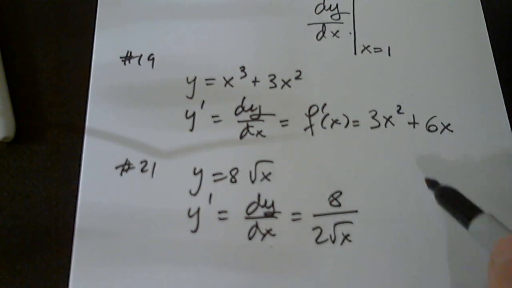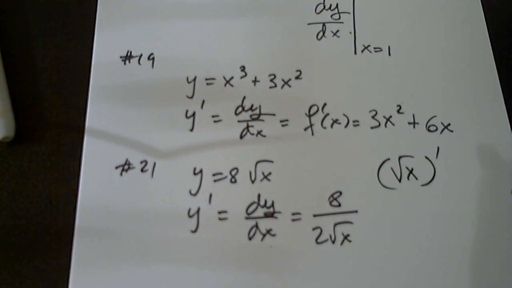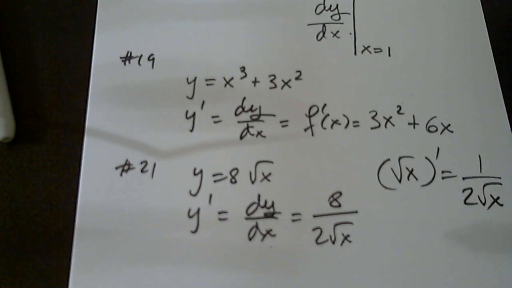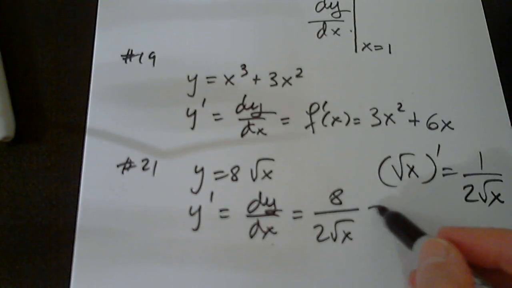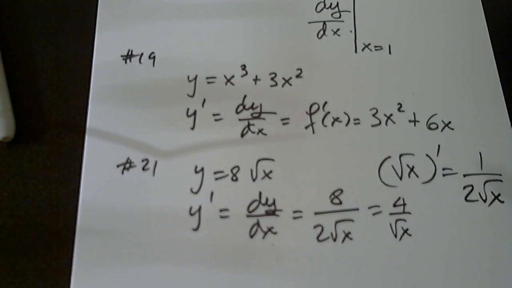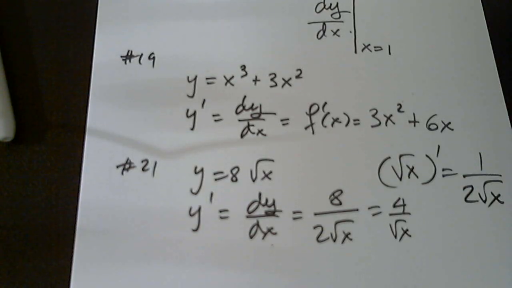Because I know that when I differentiate the square root of x, I get 1 over 2 the square root of x. I don't want to waste my time with powers. And I will simplify, and I have 4 over the square root of x. Now, if it's the cube root, the fifth root, or anything else, I get stuck there. I have no choice.